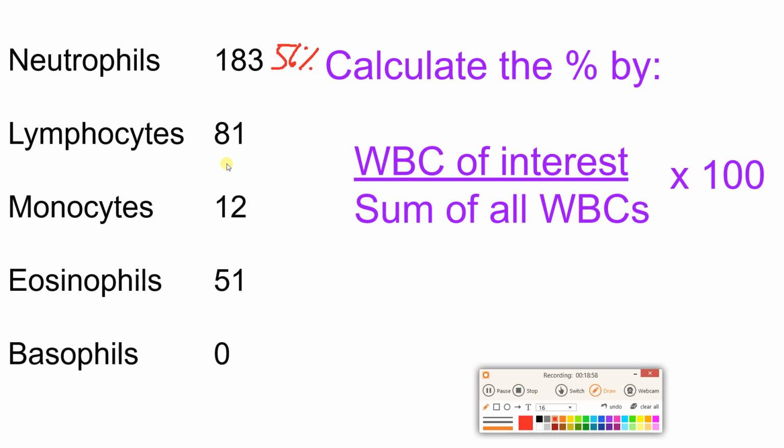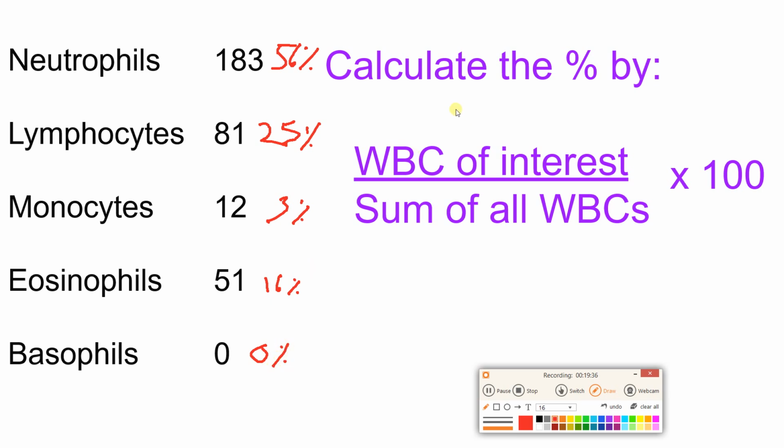Then I could do 81 divided by 327, which gives me 25% for my lymphocytes. 12 divided by 327 gives me 3%. 51 divided by 327 gives me about 16%. So these are the percentages that I calculated.